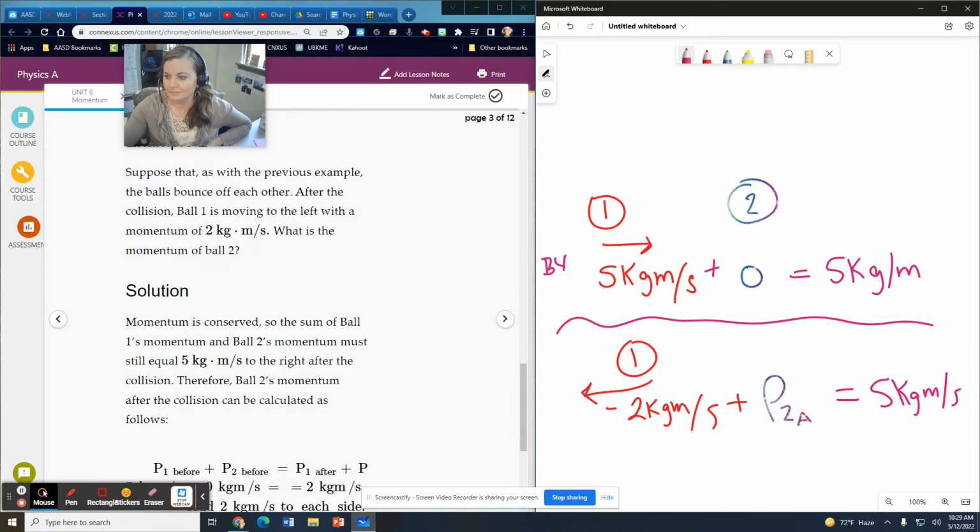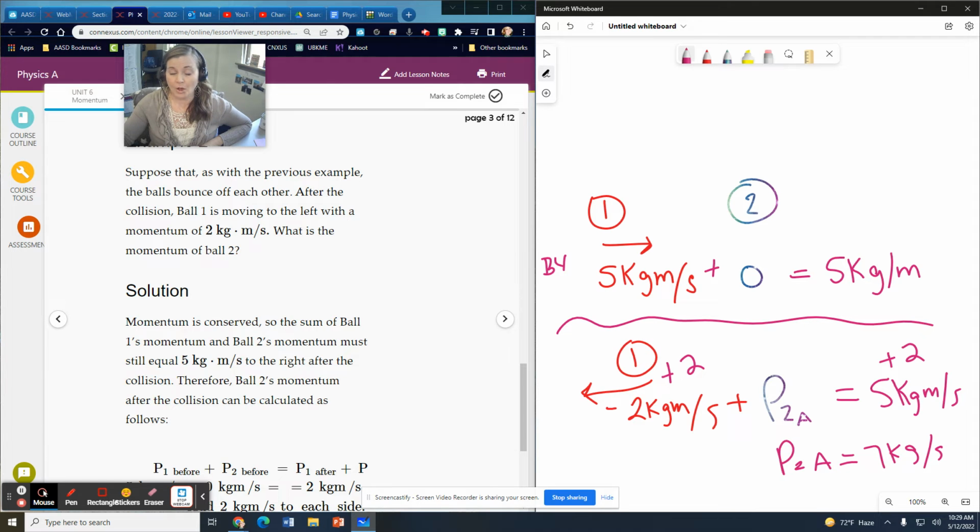So we have to solve this. I want to get rid of the -2 on the left so I can isolate P2A. If I have a -2, I'm going to have to add +2 to it, and add +2 to the right side. Our final answer is P2A has a final momentum of 7 kilogram meters per second.